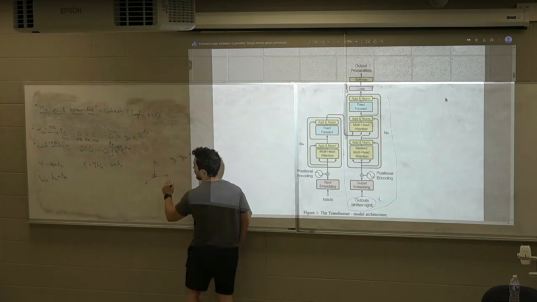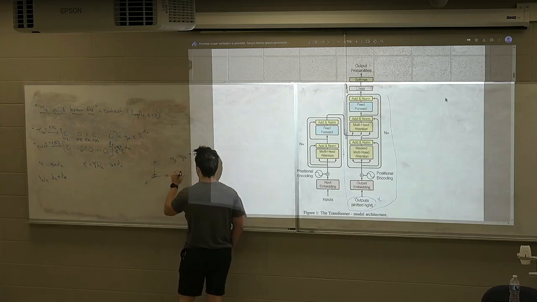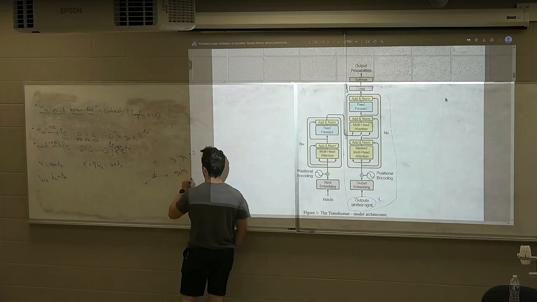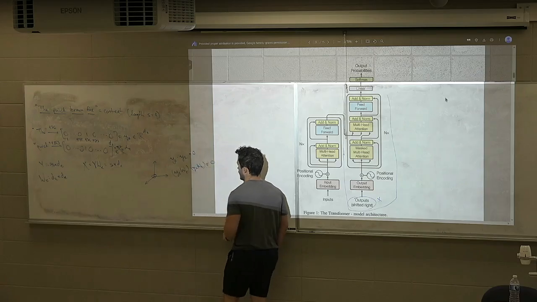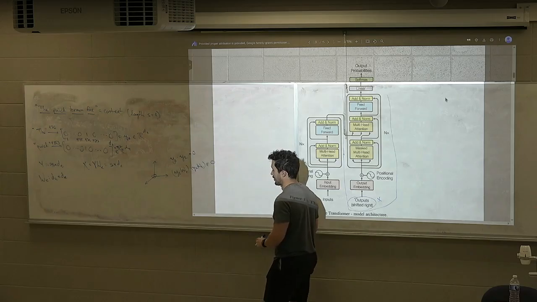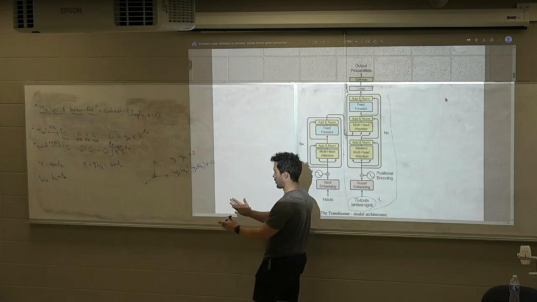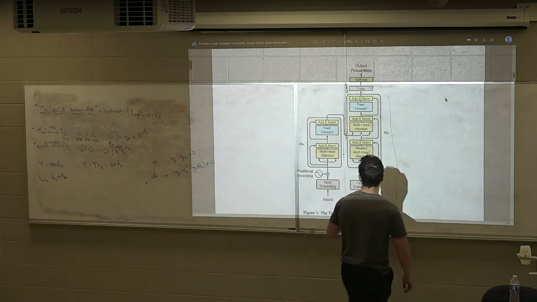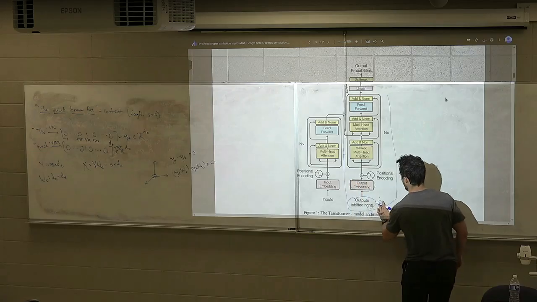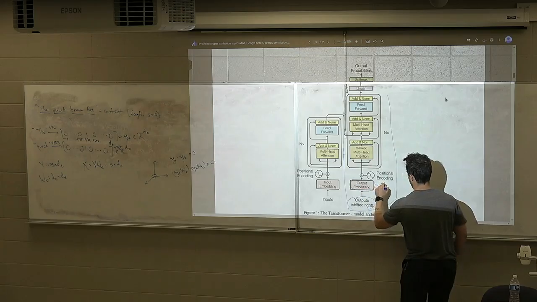But if I do y1 multiplied on the right by WE, dot y2 multiplied on the right by WE, this will be close to 0, but not exactly. There's some overlap, some agreement in the meaning. But if I change the order they appear in the sequence, it doesn't change anything. I haven't coded anything about that yet. But that gets us to here. So this is y, this is x equals YWE.